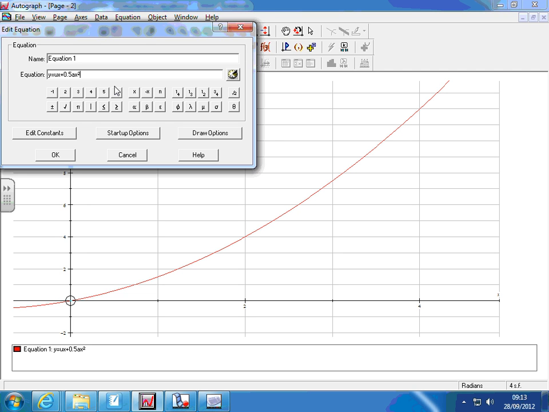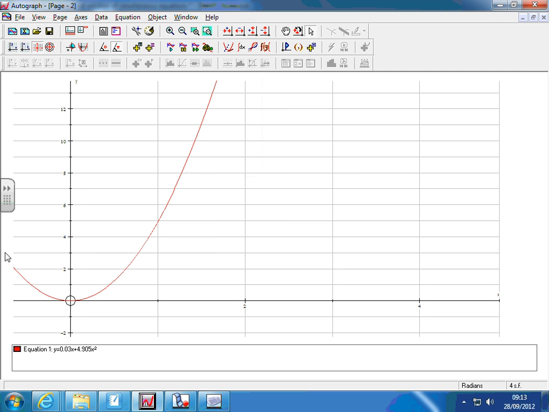So y equals u, which is 0.03, x plus 4.905, was it? x squared. So now we plot that and we get this function. Okay, so that's the one we're interested in. We're now plotting displacement against time for this particular scenario where u equals 0.03 and a equals 9.81.